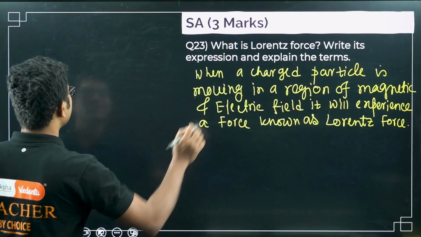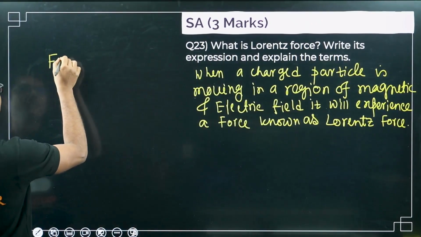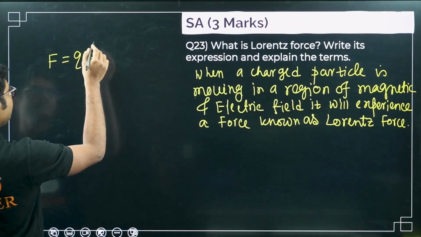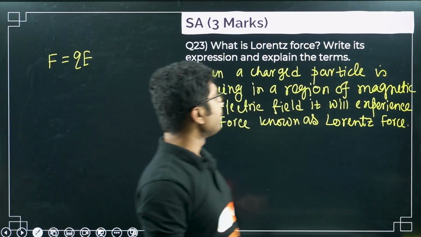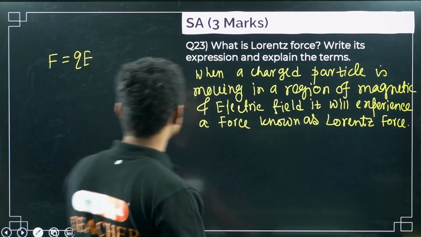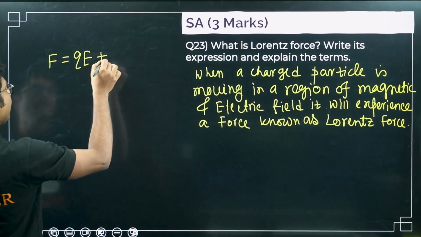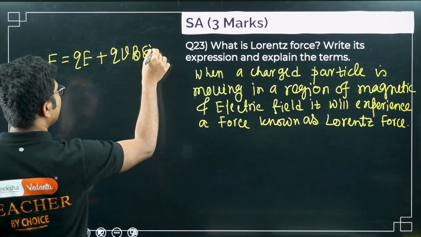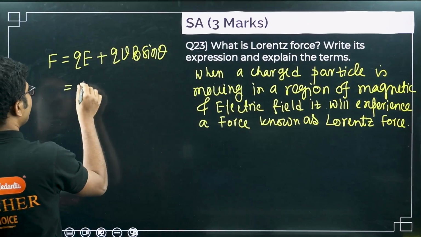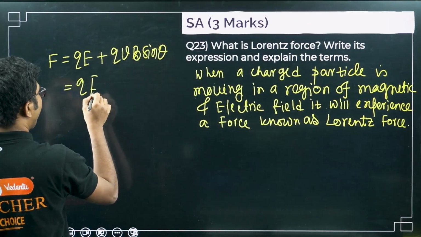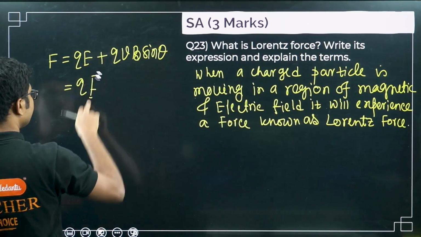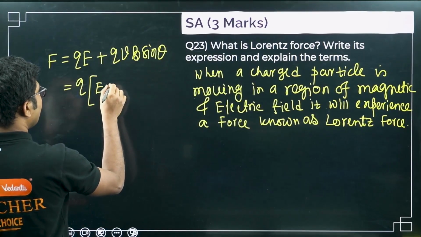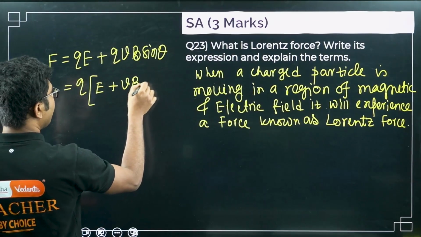Now the expression for Lorentz force is F equals qE. They have not asked you to write in terms of vectors, so you can write in terms of scalars as well. qE plus qvB sine theta. So q common, E plus vB sine theta.